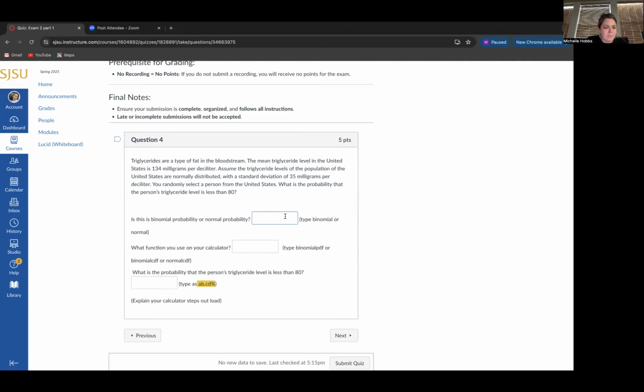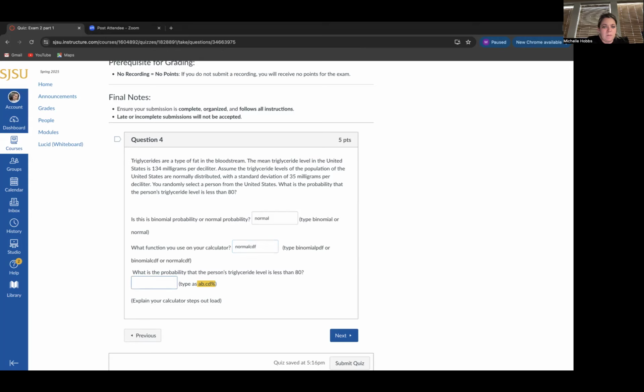So, 35 milligrams. And this would be a normal, therefore it'll be a normal CDF.